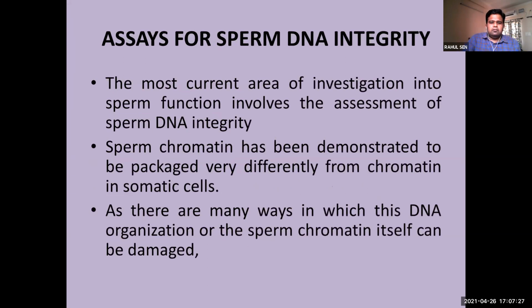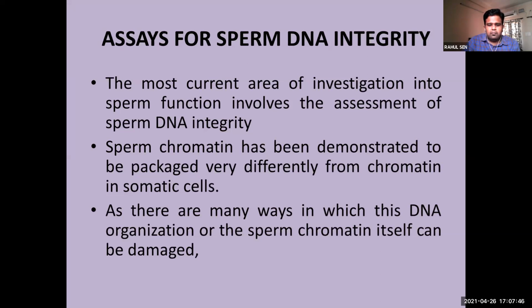There are many assays available to assess sperm DNA integrity. This is the most current area of investigation. Sperm chromatin has been demonstrated to be packaged very differently from chromatin in somatic cells.